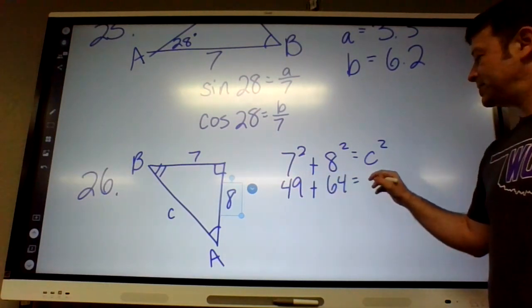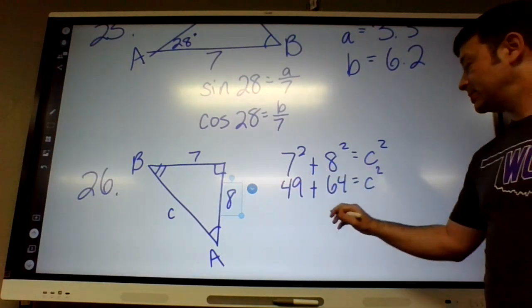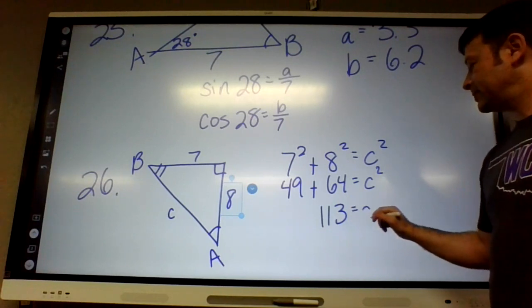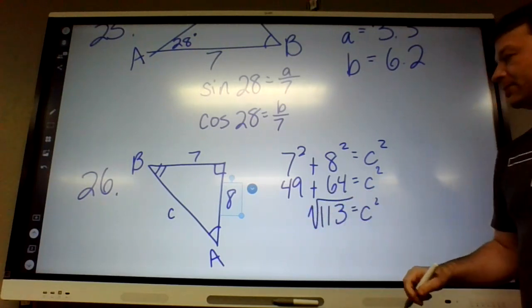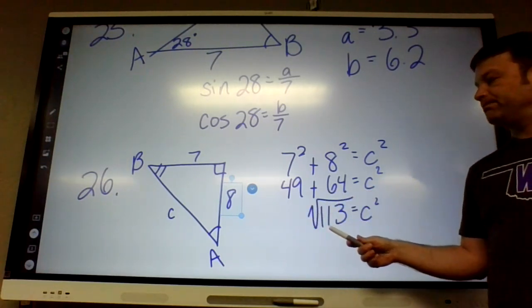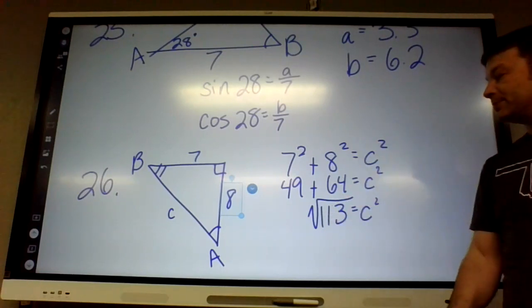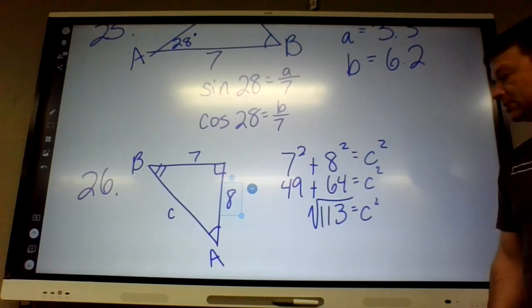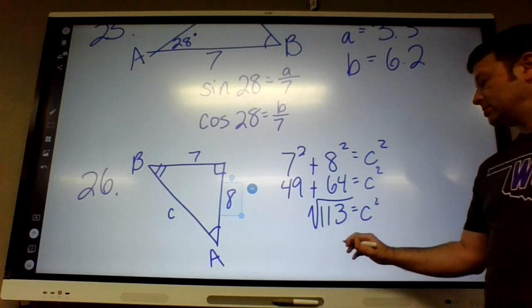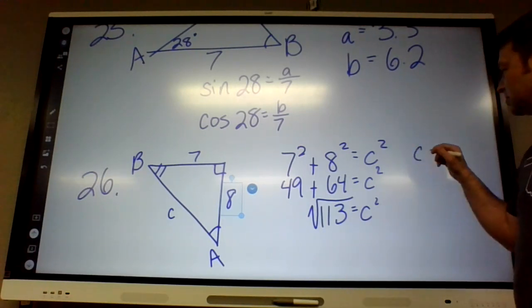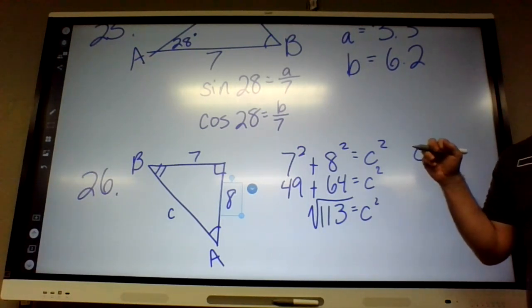Since the direction did say to round to the tenth place, we don't want to leave square root of 113, we want the decimal version of that. What does that come up to? 10.6.